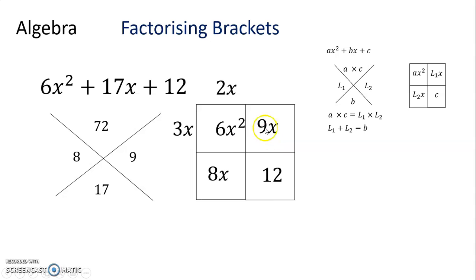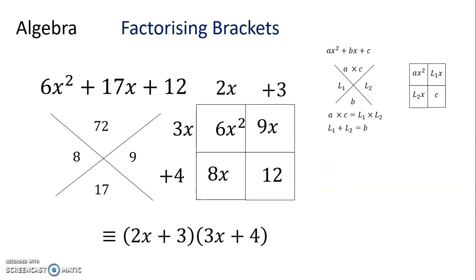Next, highest common factor of 9x and 12, well, that is going to be 3, so positive 3 there at the top. And the highest common factor of 8x and 12, well, that is going to be positive 4. So my two brackets are 2x add 3 multiplied by 3x add 4. And again, you could expand those just to check that it works.